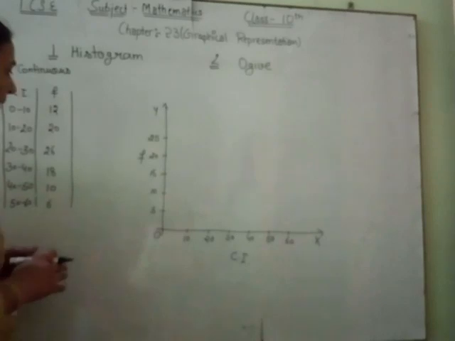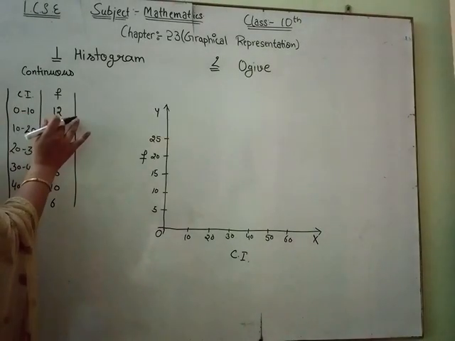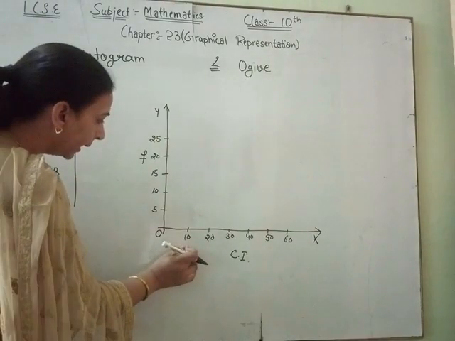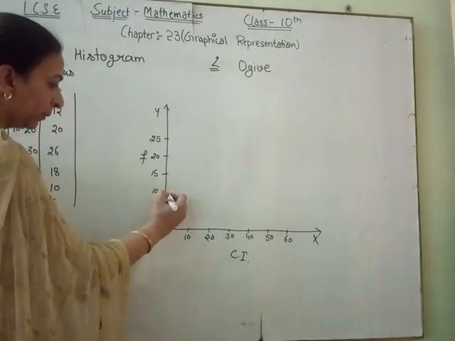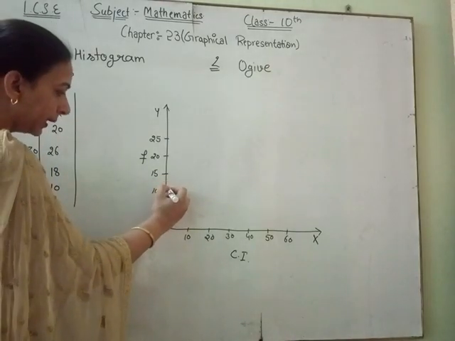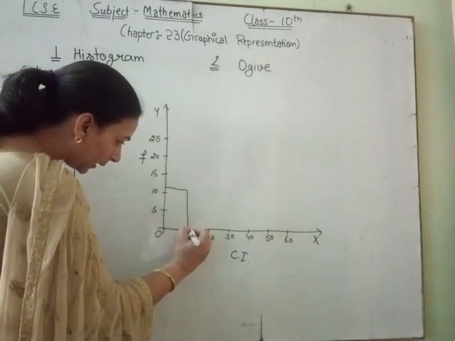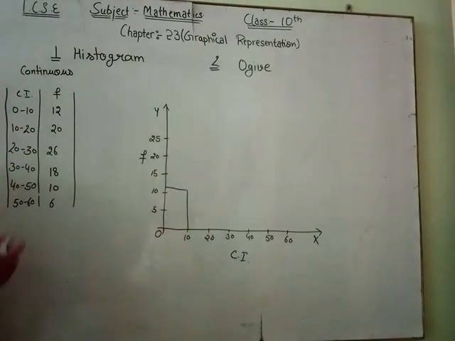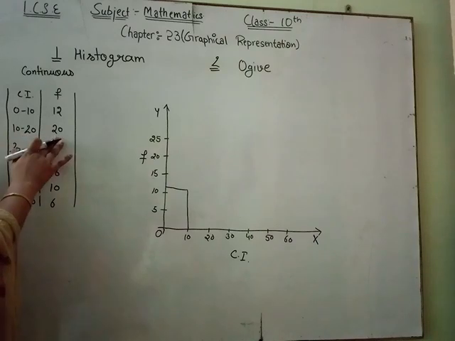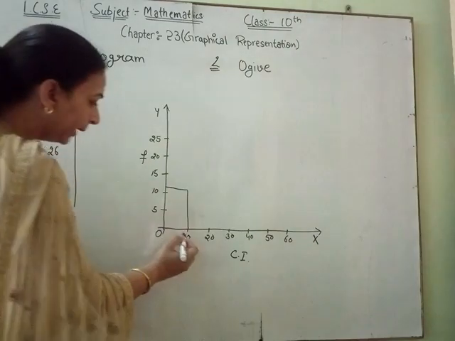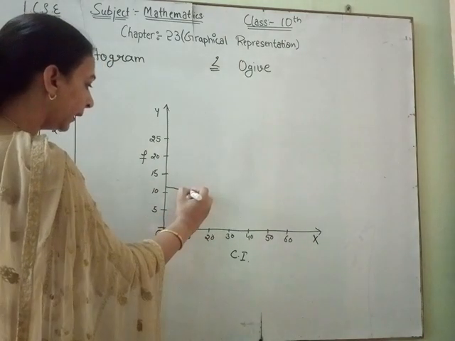First is 0 to 10 with frequency 12. The 12 lies between 10 and 15, and this is a rectangle type box. Next, 10 to 20 with frequency 20.